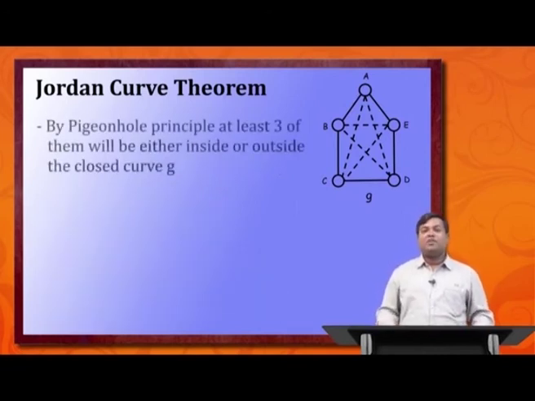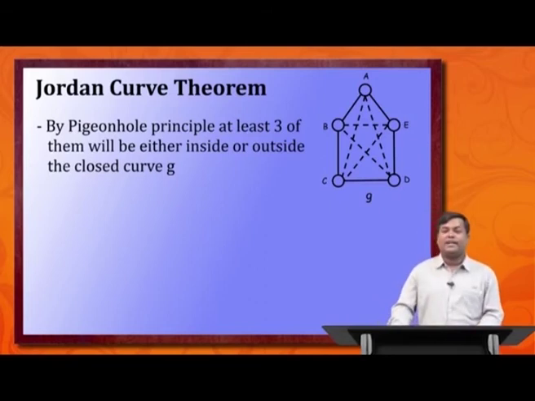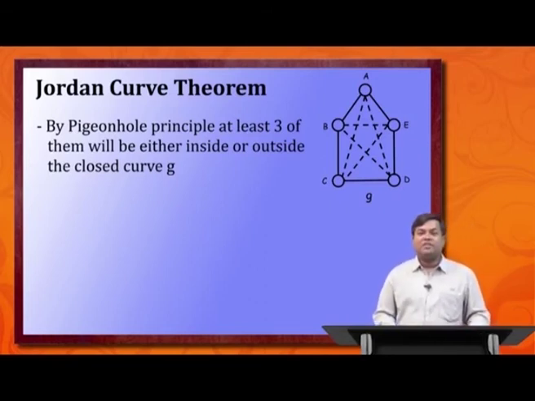Now, by the pigeonhole principle, out of these 5 dotted edges, we can always say that at least 3 of them will be either inside or outside the closed curve. That is very obvious, because if we have 5 different balls and 2 different pockets, then definitely one of the pockets will contain at least 3 balls.